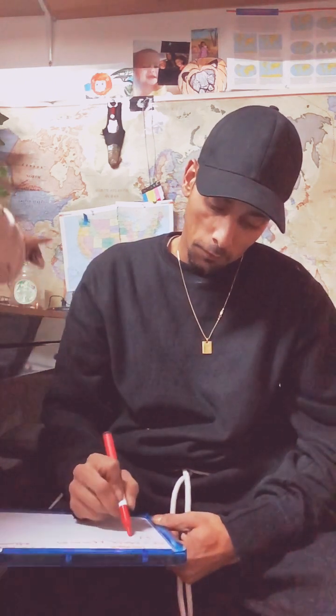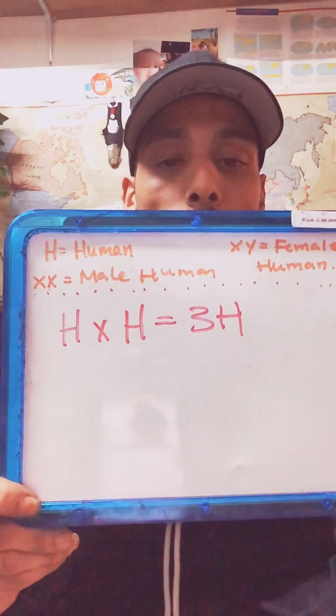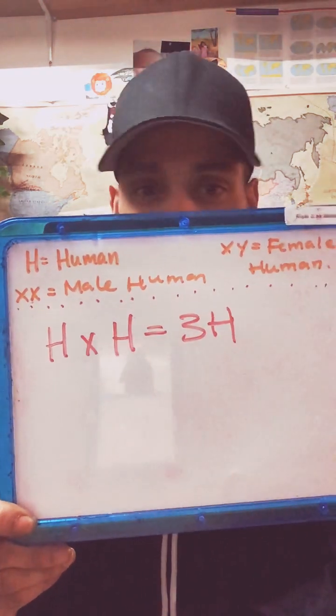So, if H plus H equals 2H, and we say that's 1 plus 1 equals 2, then you can't deny this next part. H times H equals 3H. Terrence Howard said in nature.